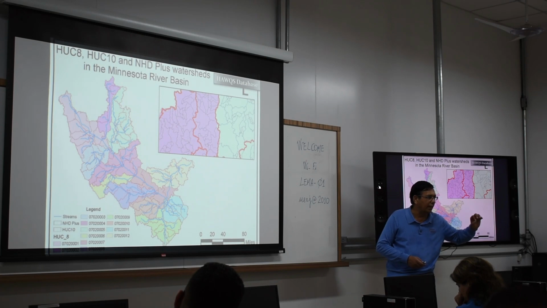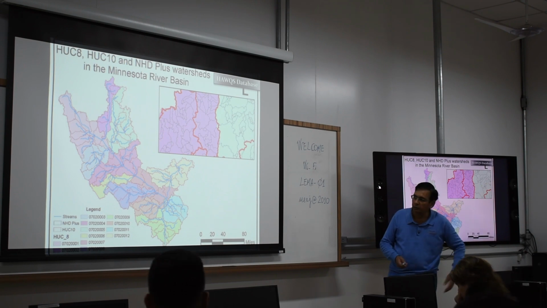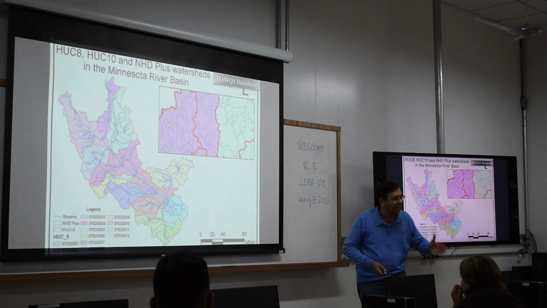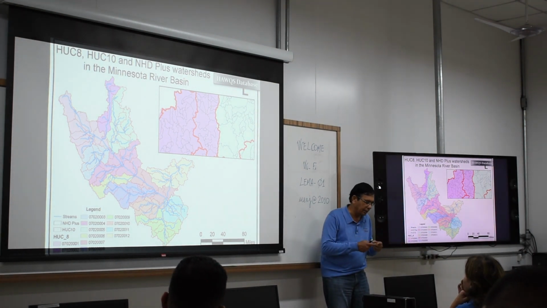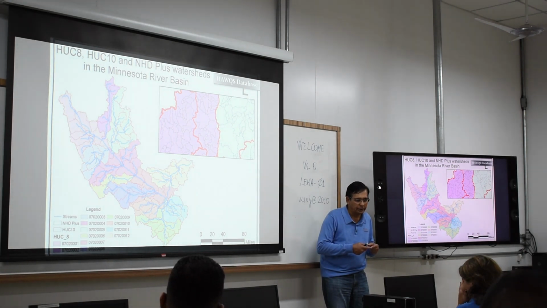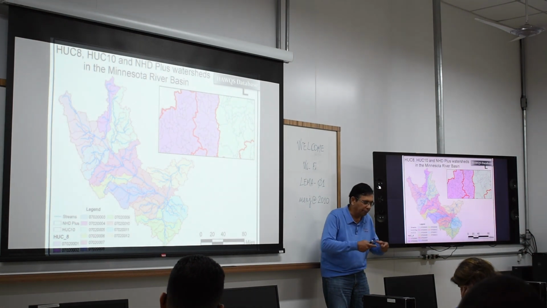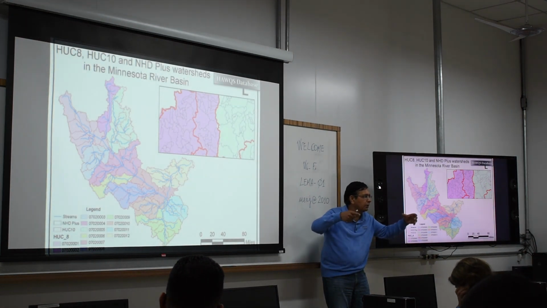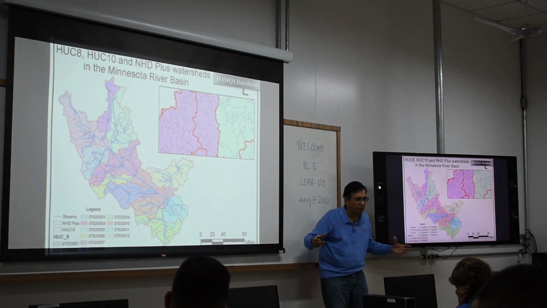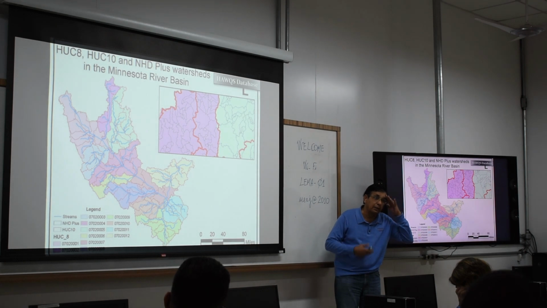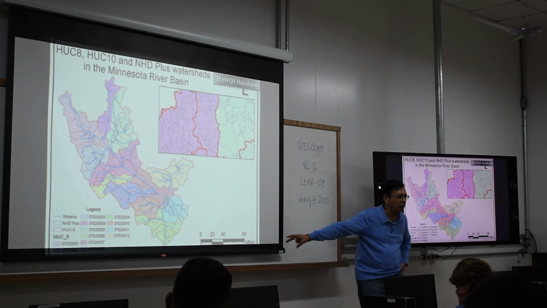So you have a watershed ID, just like we all have a national ID system. We have a watershed ID system for the entire country. So we have 2, 4, 6, 8, 10, 12, 14. So 14-digit means the smallest area is about 15 square kilometers. So if you keep on adding every 15 square kilometers, you can make the whole country. So that's basically this whole system. So you don't have to come and delineate watersheds. We already predefined all the watersheds for you.